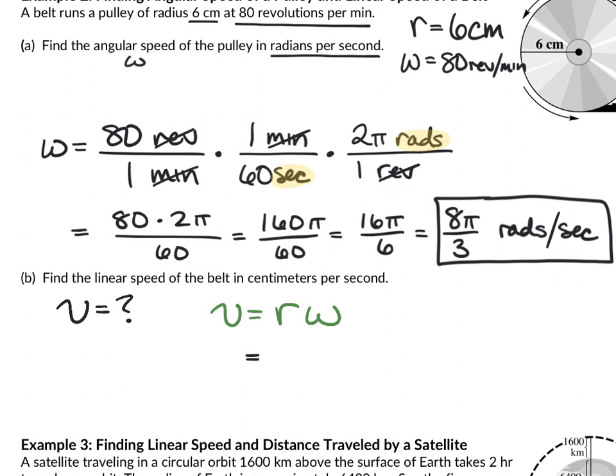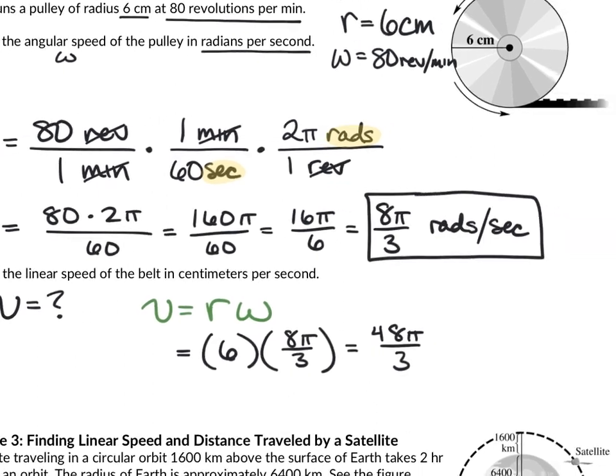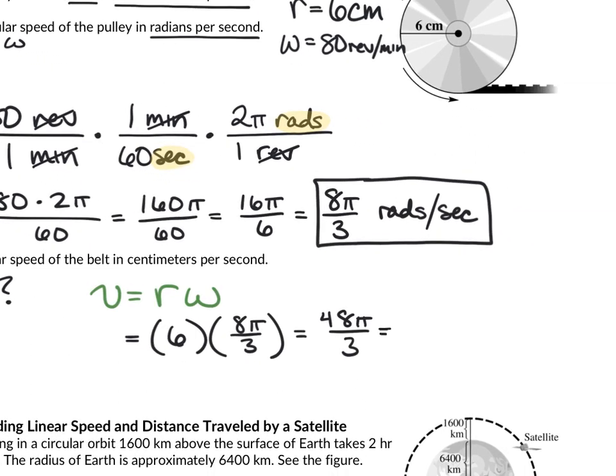What is the radius? 6 centimeters. And the omega? 8 pi over 3 radians per second. So when I multiply centimeters times radians per second, I end up with centimeters per second. 48 pi divided by 3 is 16 pi, because 48 divided by 3 is 16.